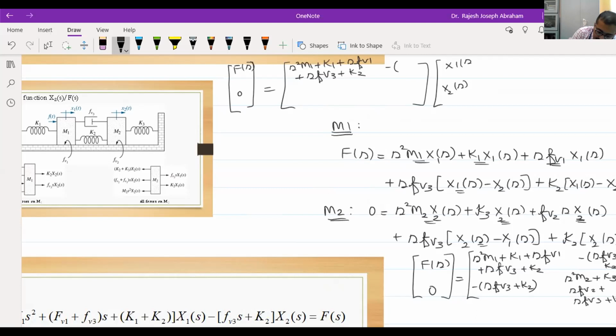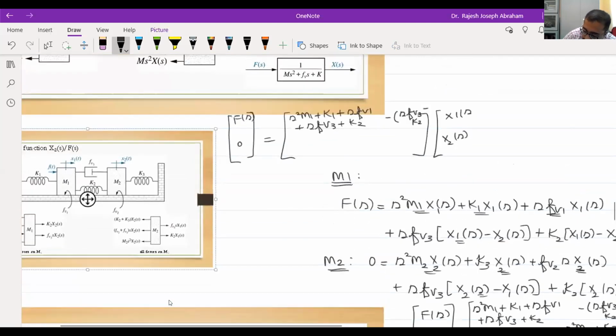That means minus of s fv3 plus k2. The 1,2 and 2,1 positions will always be the same, so I can straight away put minus of s fv3 plus k2.